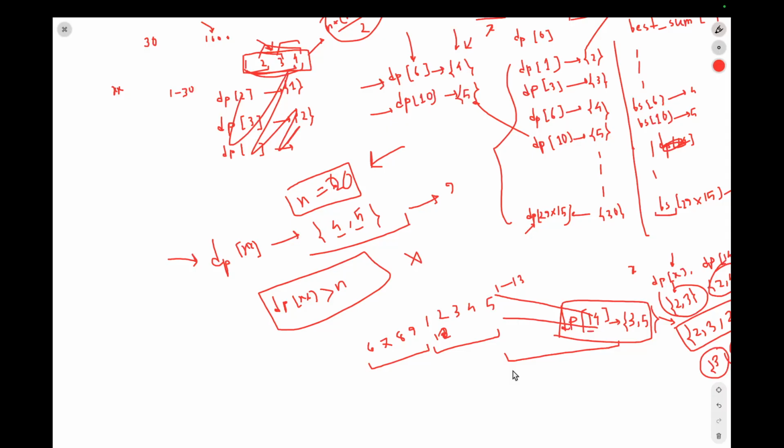So 1 2 3 4 5, then 6 7 8 9. So we are okay till 9, and we have to write 10 to 20 in decreasing order. So we can write 20 first, then 19, then 18.